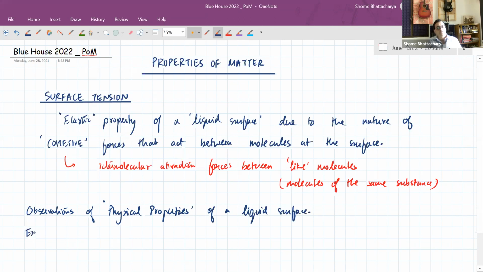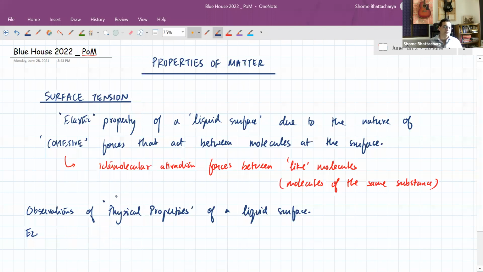For example, you can see that lightweight insects can literally walk on fluid surfaces without any part of their body submerged, which means that their weight is not getting balanced by any kind of buoyant force. They are not floating, but literally walking on an elastic surface of the liquid, because being lightweight, their weight can be balanced by a restorative sort of elastic force that is created as the body weight of such an insect creates a deformity in the liquid surface.